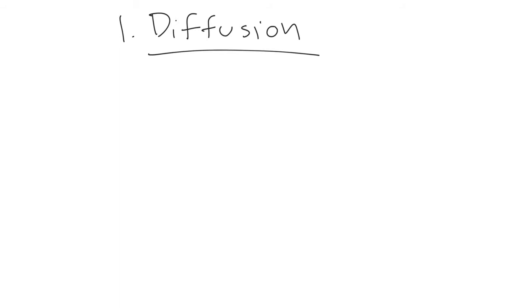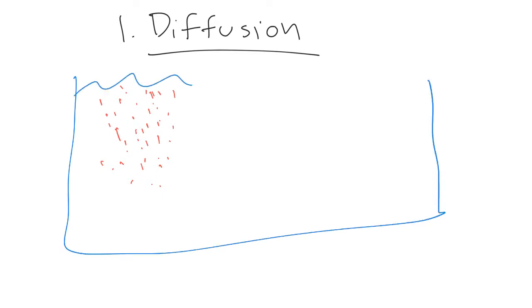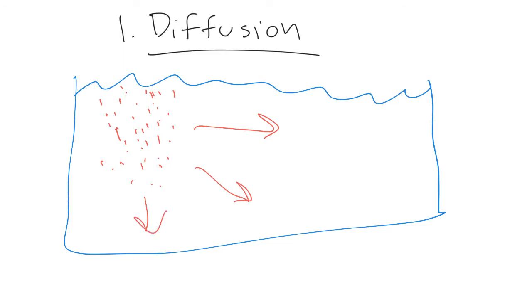Diffusion, this one's really easy to envision and understand. When you have a concentration of any substance in a solution, what's going to happen to these molecules? Exactly, they're going to spread out in all directions until they are evenly spaced out.